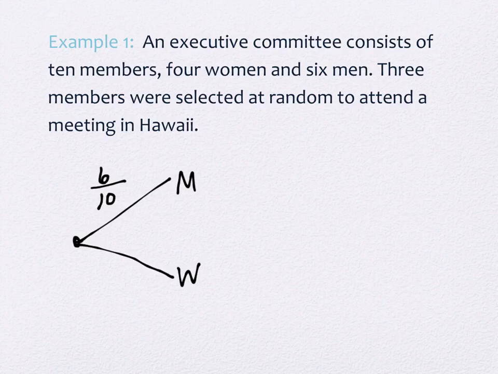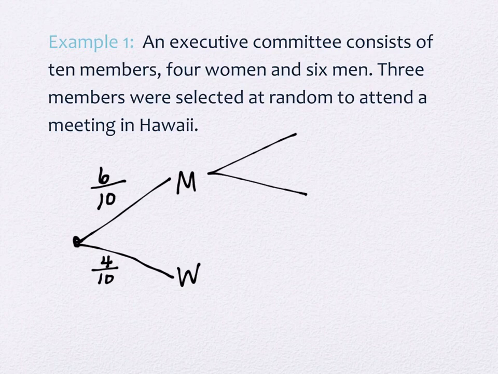So what's the likelihood that we select a woman's name? 4 out of 10. Make sense? And notice, along this branch, they have to add up to the value 1. Every set of branches works like that. It's not unique to this problem. Within a specific part of the tree, that specific set of branches has to add up to the number 1.